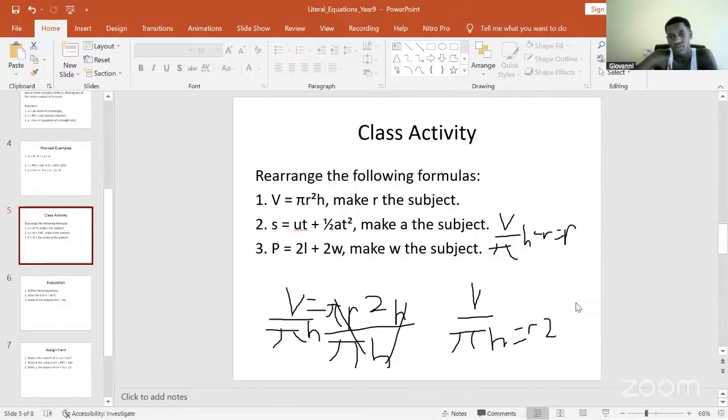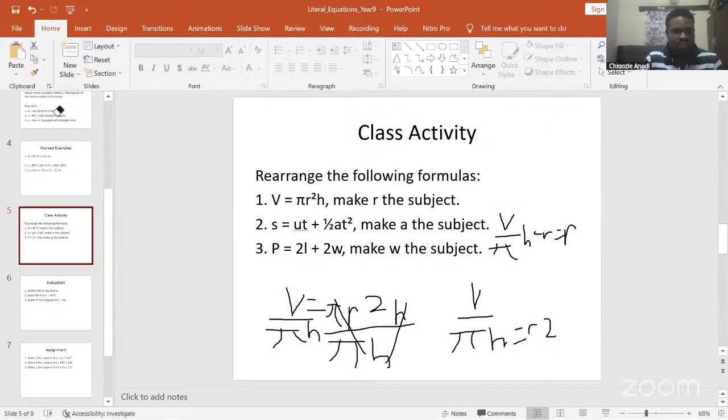Okay, I'm going to break it down for you right now. But I love the fact that you made the first approach by dividing both sides by pi h, and you got v all over pi h is equal to r squared. So now the next step is for situations whereby you have an exponent, a power, right?